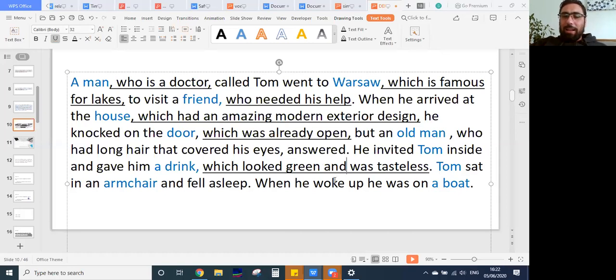Okay. Tom. So how's Tom feeling now? He's met by this old guy. He has hair that's covering his eyes, and he's given this drink that looks green and is tasteless. So, you know, what could we say about Tom? Maybe we could comment on how Tom's feeling.